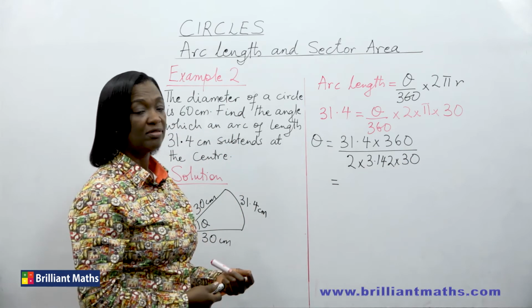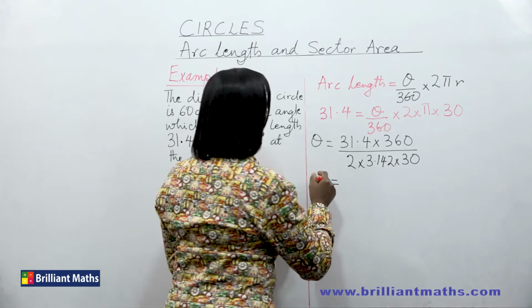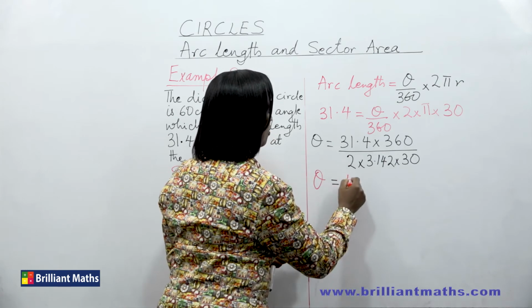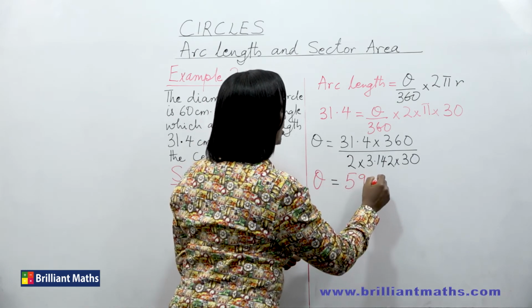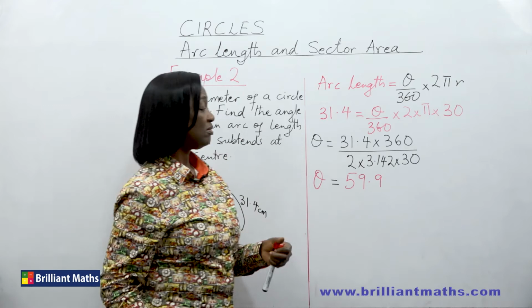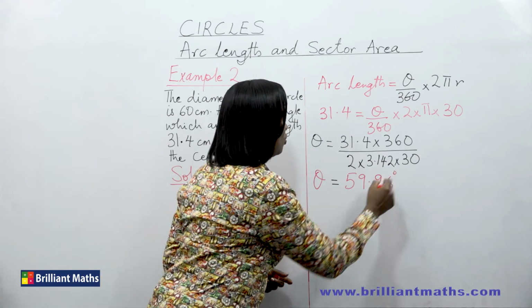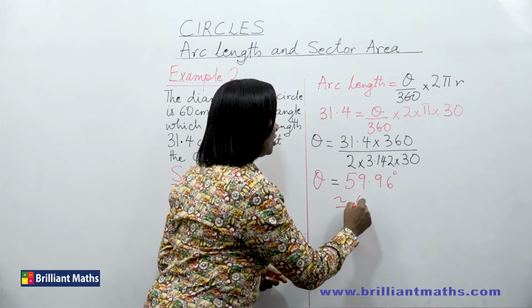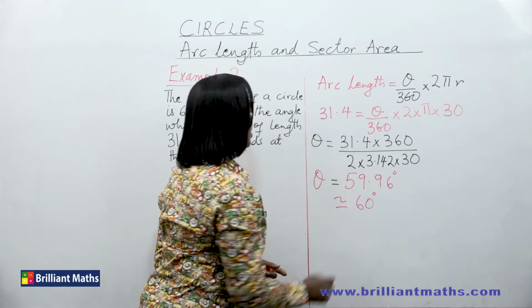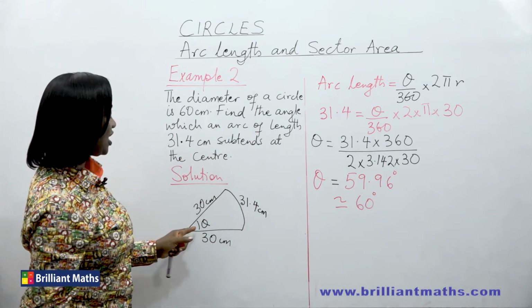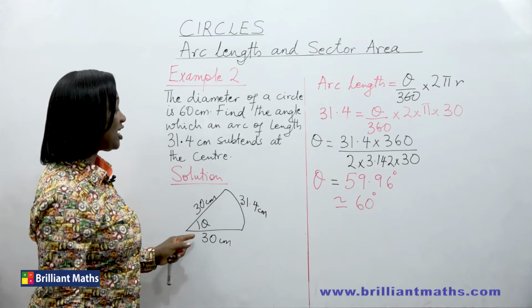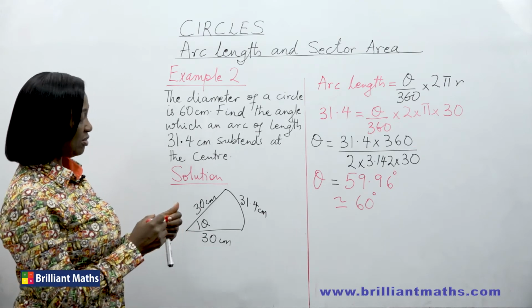And what do you have? Theta is equal to 59.9 degrees, which is approximately 60 degrees. So the angle that is subtended at the center is 60 degrees.